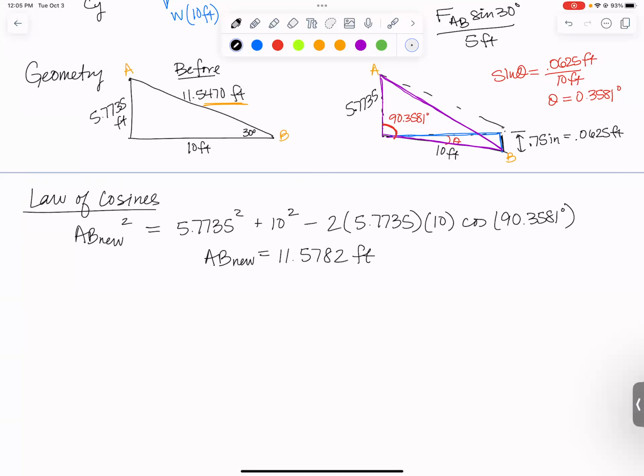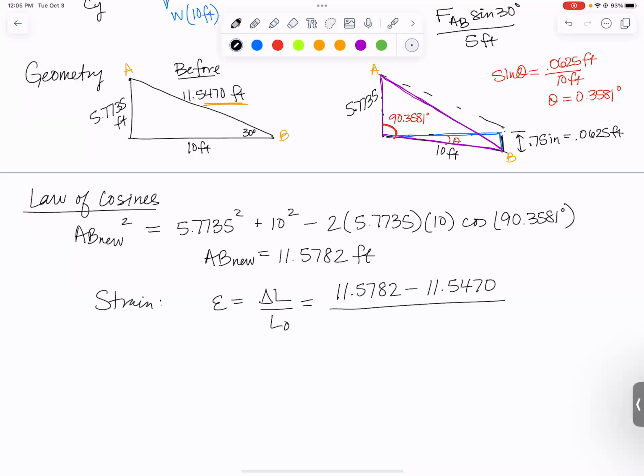So now we can find strain, right? We know the old length, we know the new length, so we can find the change in length, and we know the original length, so we can find strain. So strain is going to be delta L over the original length. So I'm going to put the new length, 11.5782, minus the original length of AB, 11.5470, divided by the original length, 11.5470.